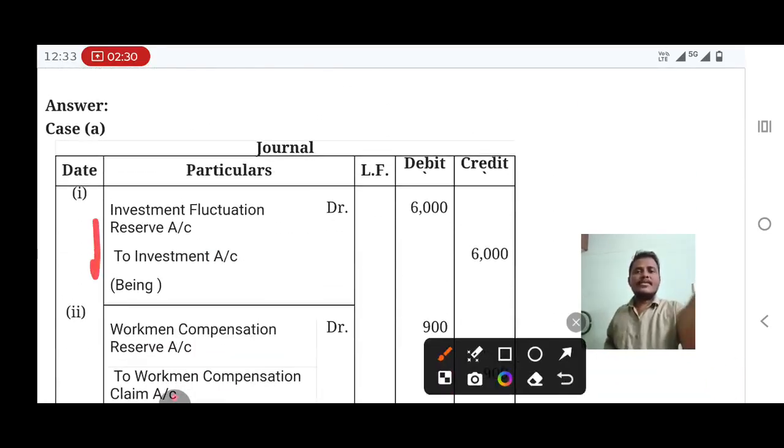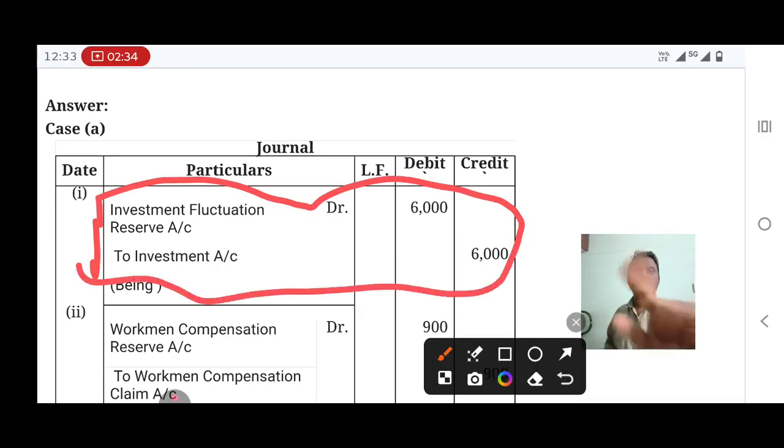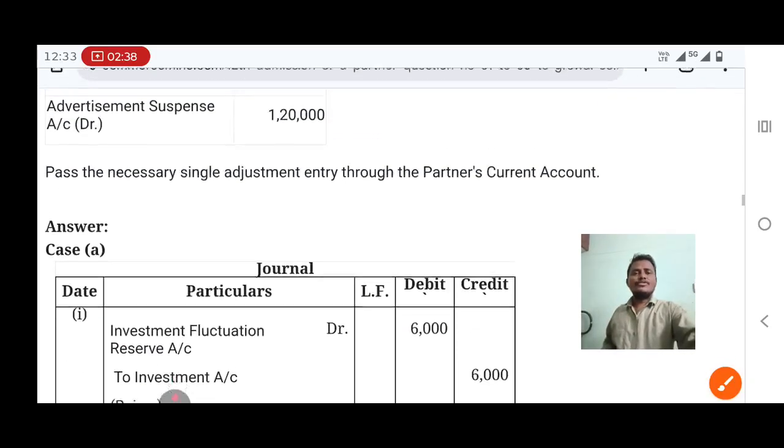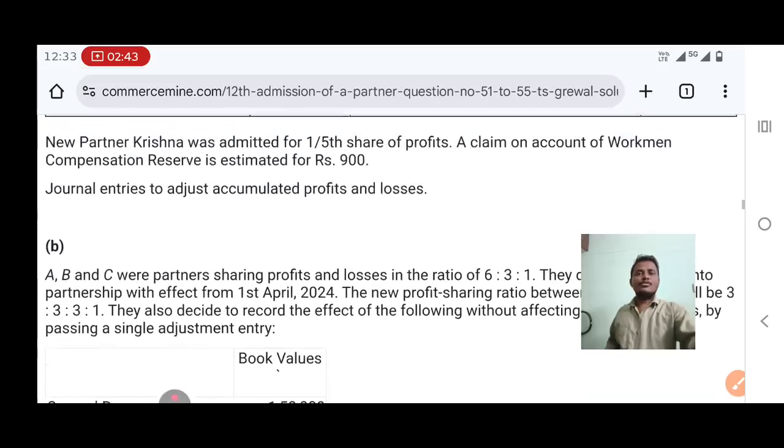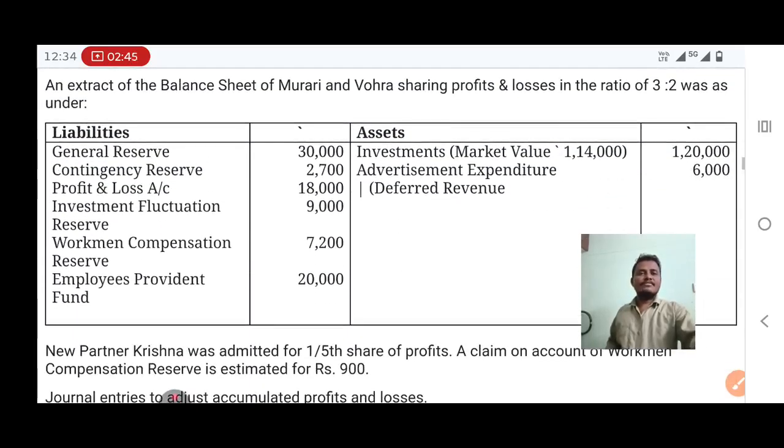See, I would like to explain how this entry came. If you see here, the amount is shown as 6,000. So you come to the balance sheet. Here the investments have a book value of 1,20,000. They have invested 1,20,000.